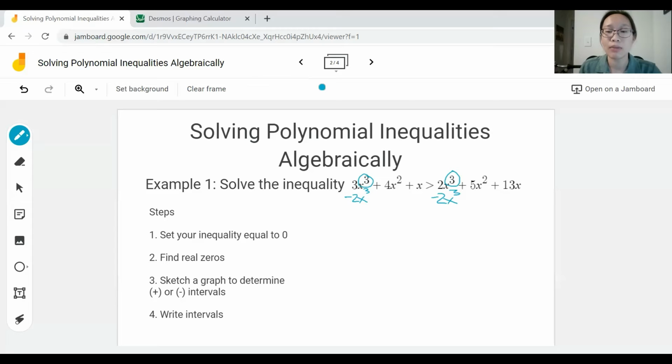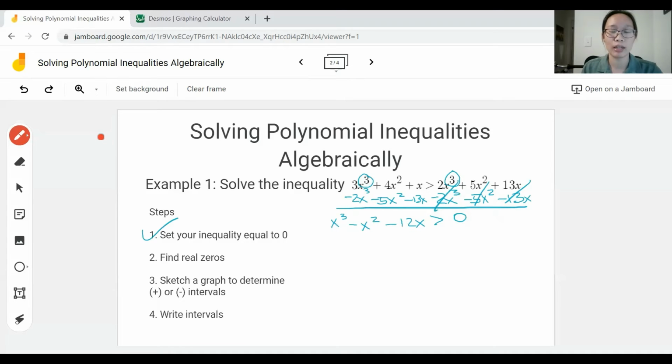That means I'm going to set my right side equal to 0. So I'm going to subtract the 5x squared and then subtract the 13x. And this leaves me with 0 on the right side and an x cubed minus an x squared minus 12x on the left.